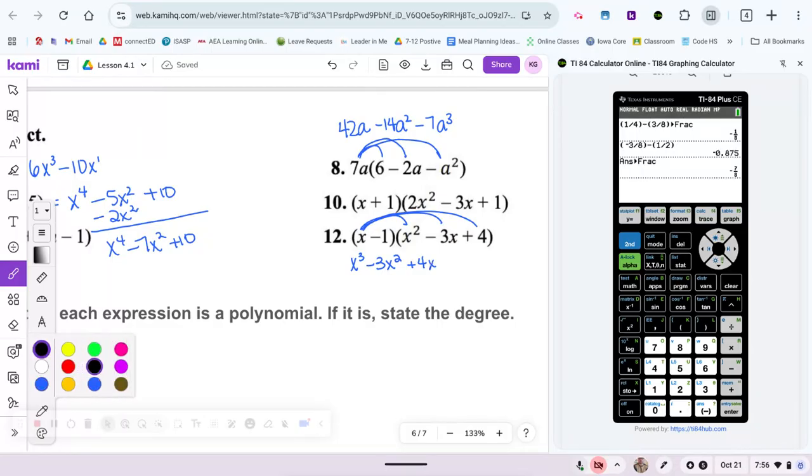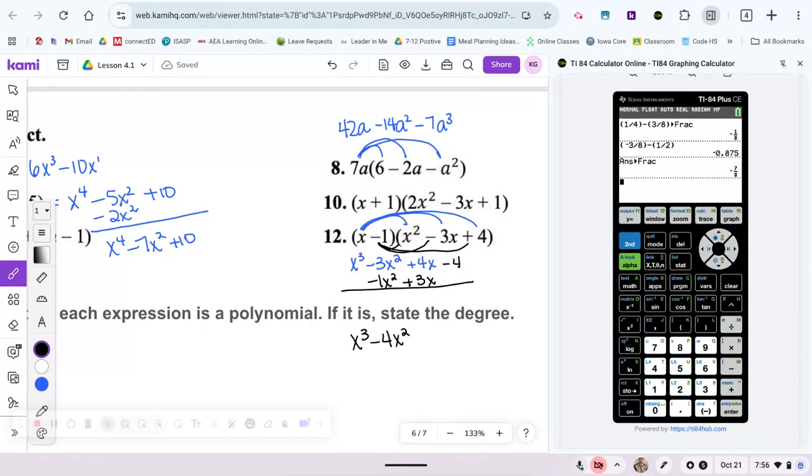Then I have to do the inside here, so I'll do negative 1 times x squared is negative 1x squared. Negative 1 times negative 3x is positive 3x. And negative 1 times positive 4 is negative 4. Combine my like terms would be x to the 3rd minus 4x squared plus 7x minus 4.